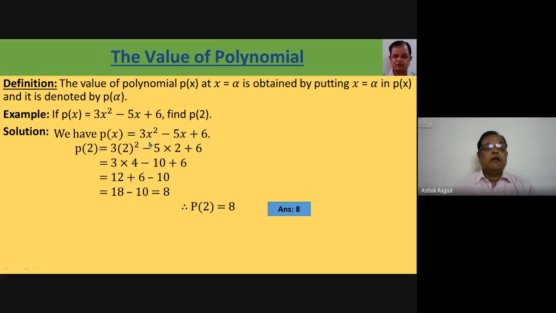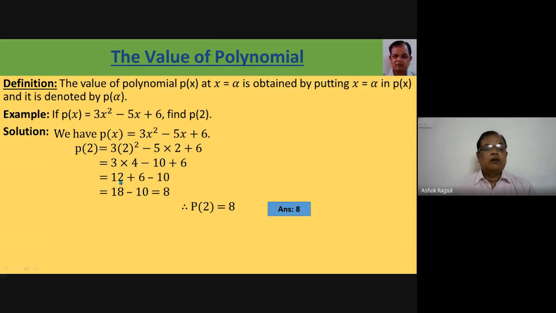Here we are seeing that in place of x we have written 2. Here also we have written 2. Here square of 2 is 4, so we will multiply it. 3 into 4 equal to 12. Now it is 5 into 2, 10. It is 6. So after that we will arrange the terms.